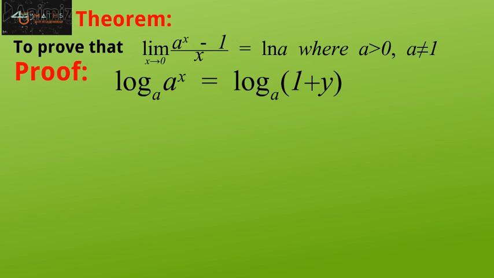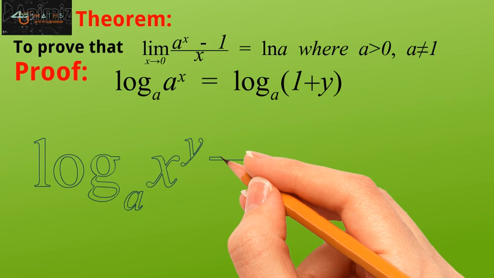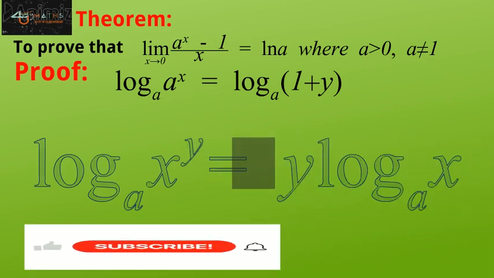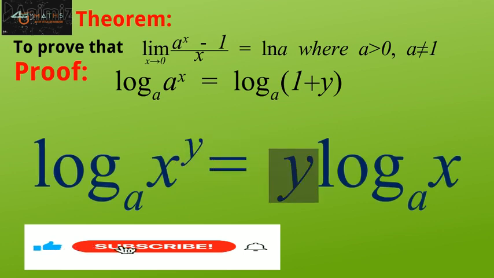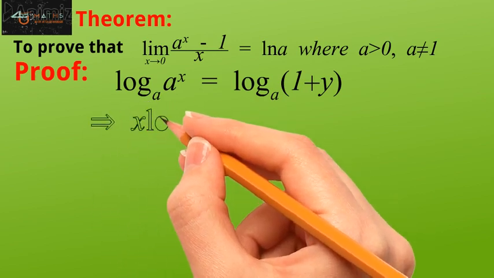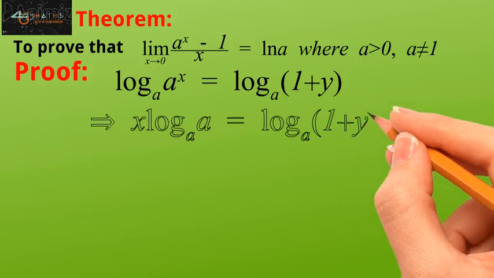That is, log of x to the power y to the base a can be written as y log of x to the base a. So using this property, we can write this equation as x log of a to the base a is equal to log of 1 plus y to the base a.